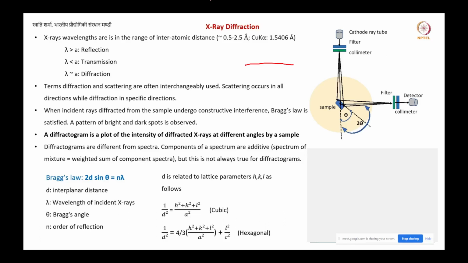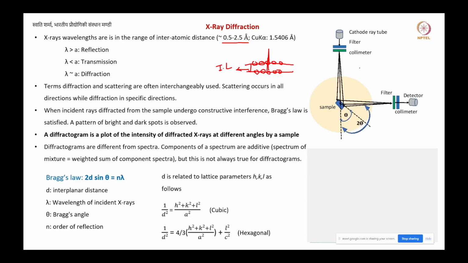Atoms are arranged in this particular manner in the layer. The distance between these layers is the interatomic distance, which is 0.5 to 2.5 angstrom. Lambda is the wavelength of your X-ray.